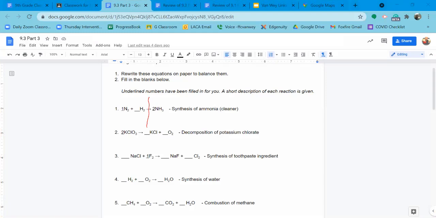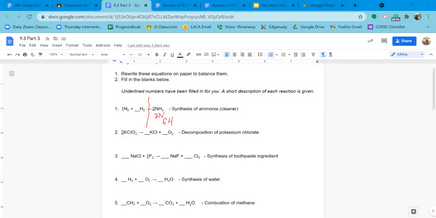Okay. So here I have 2N. So I'm going to say I've got 2 nitrogens over here. And then I have 2 times 3 hydrogens. So I have 6 hydrogens. Now, all I have to do is make sure I have the same number of nitrogens and hydrogens on both sides. So in my products, I have 2 nitrogen.